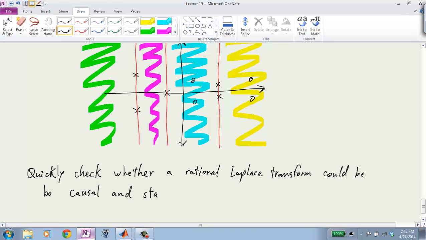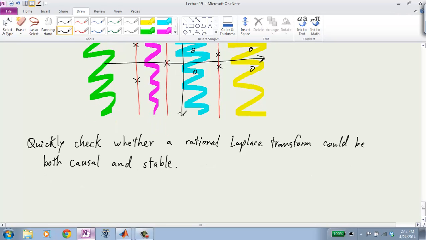Could be both causal and stable. Because really, we're going to care about that. We're going to want systems that are causal to be stable. So what would that check be? How would we check whether it could be causal and stable? Yes, Victor?